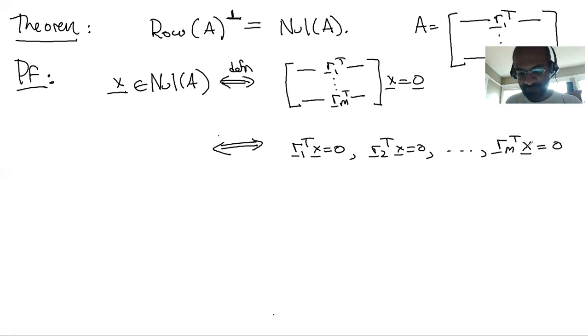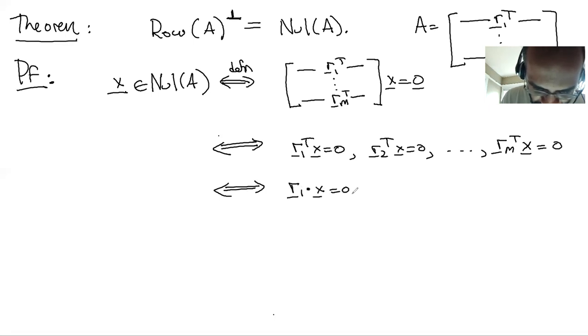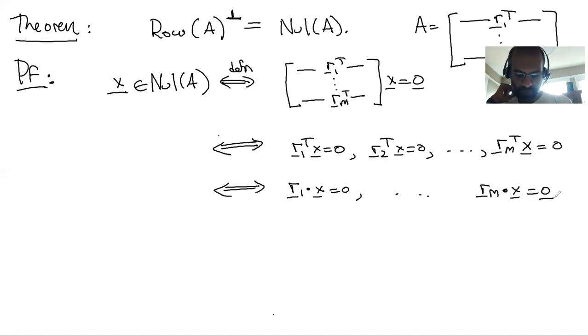And those are just the same thing as dot products, so R1 dot X is equal to 0 all the way to Rm dot X is equal to 0. These steps are just a change of notation, nothing really going on here.